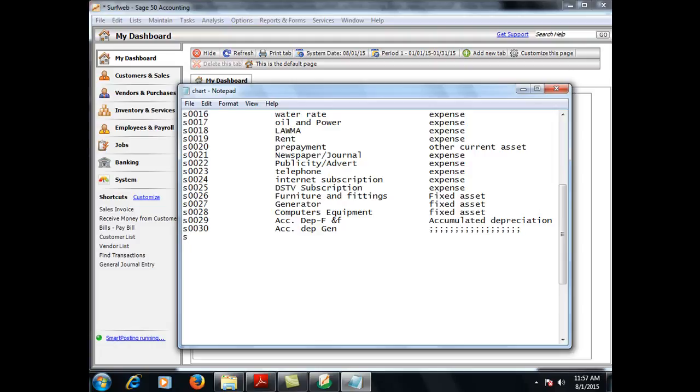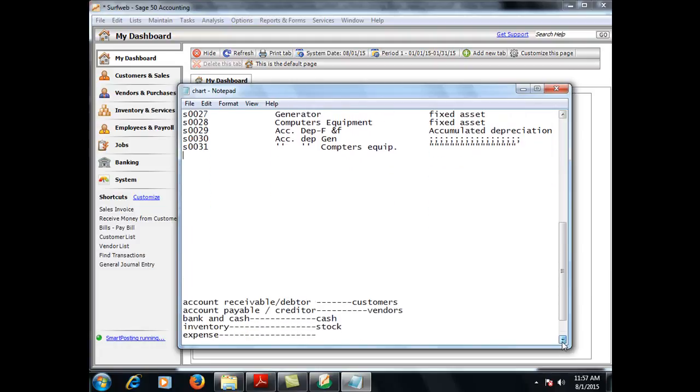The next one, I guess you understand that now. What's that one? Computer. So that's depreciation.